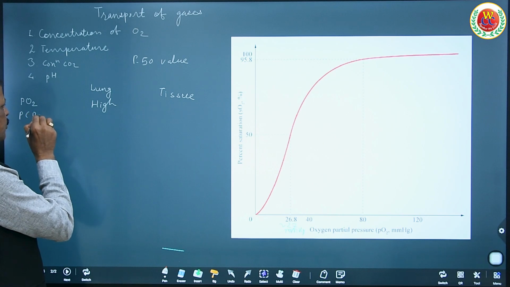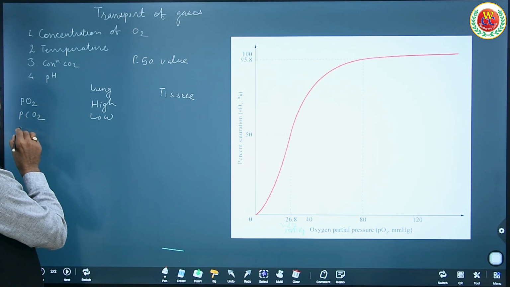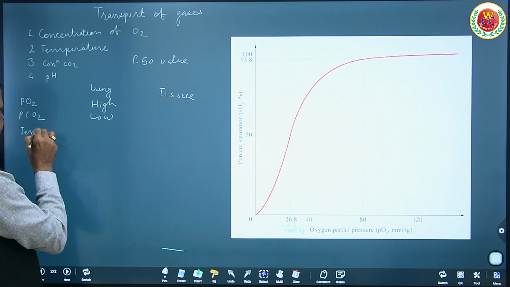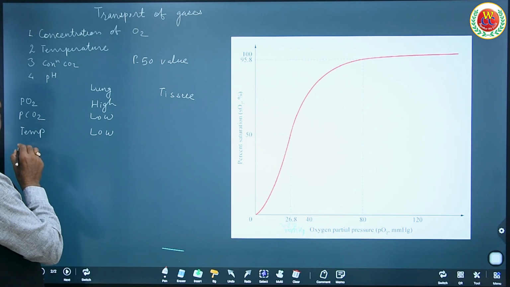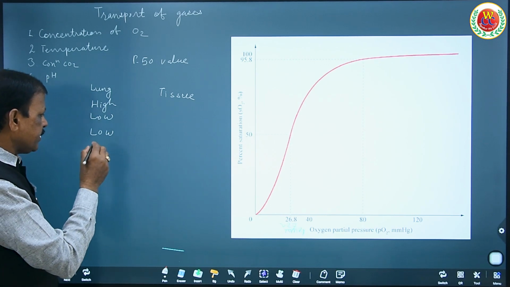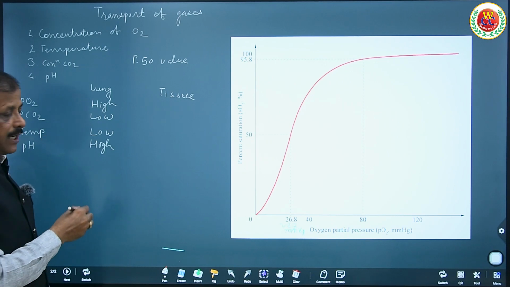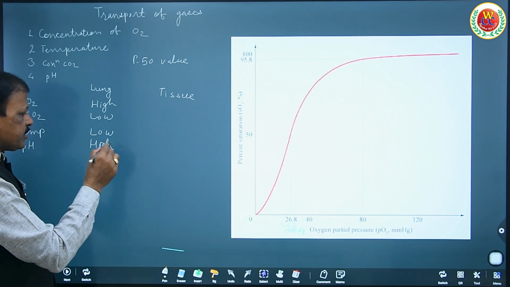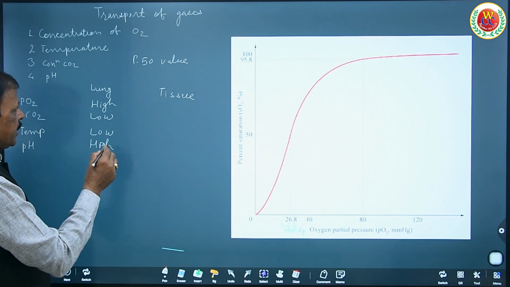PCO2 is always low. Temperature is always low as compared to tissue. And the pH value is high, since the concentration of hydrogen is less. These conditions favor the association of oxygen with hemoglobin to form oxyhemoglobin.